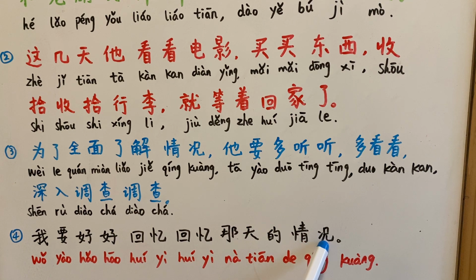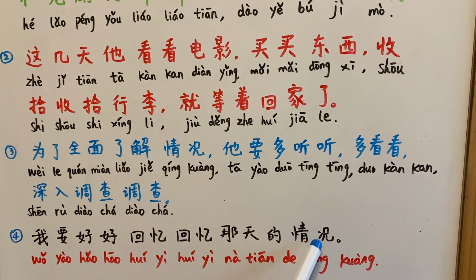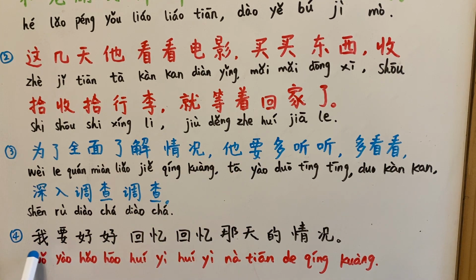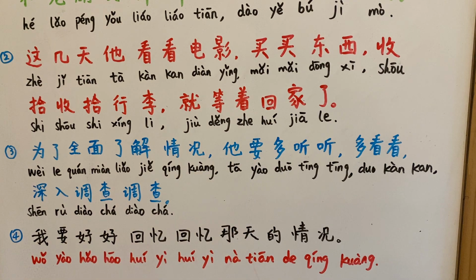Here 情况 is the same, situation, right? Situation. 我要, I want to or I will. 他要, he wants to, he will, right?